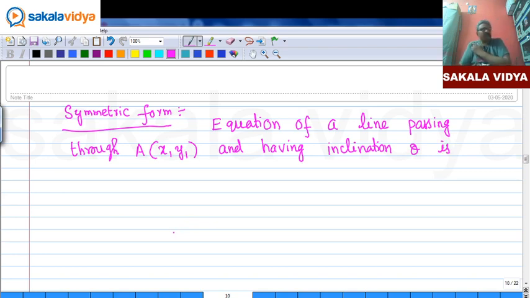So, that means the weightage of this chapter is 3 to 4 marks in the examination.